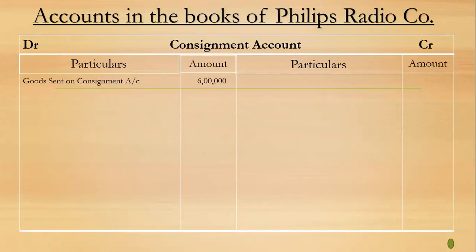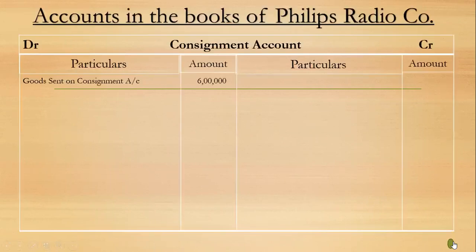But now this is the invoice price, so we have to find out the difference of cost price and the invoice price. So we have the invoice price of rupees 1200. Profit on invoice price is 25%. So that profit will be 1200 into 25 by 100. So that is 300.